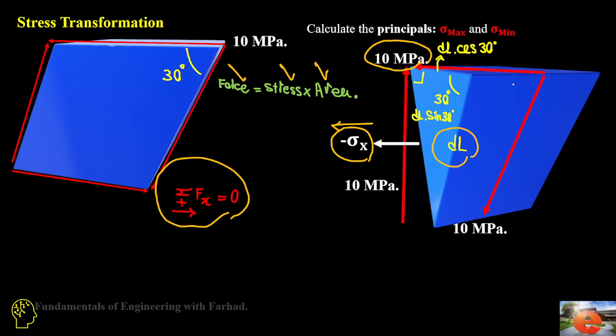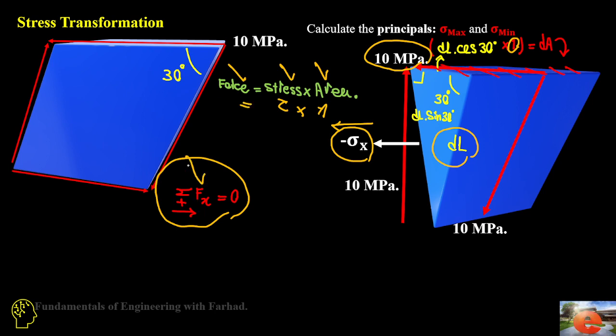To get the area, the other dimension, out of the board, is 1, so dl cosine of 30 times 1 gives us the area. So area times the stress is our force.